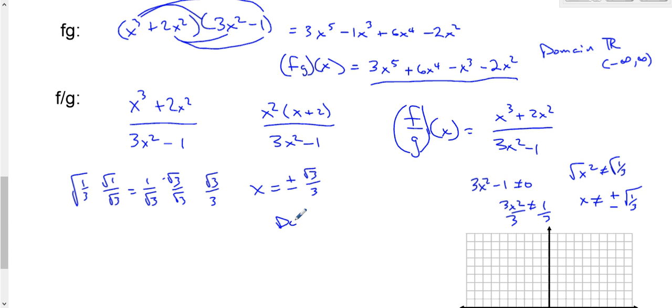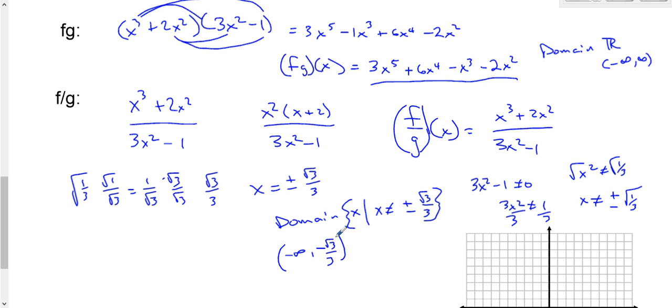So my domain is x such that x cannot equal the positive and negative value of square root of 3 over 3. So I can write it that way. And then as far as interval notation goes, I go from negative infinity to the negative value of the square root of 3 over 3.